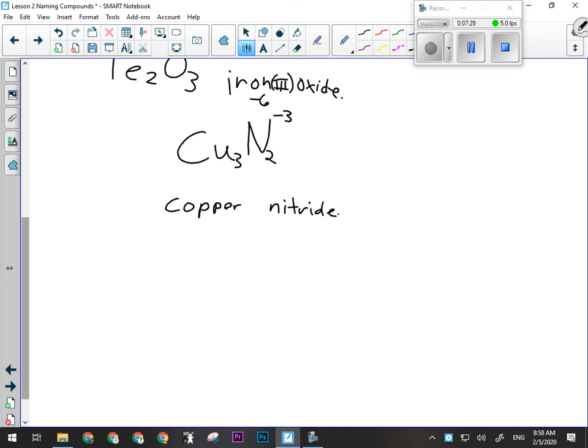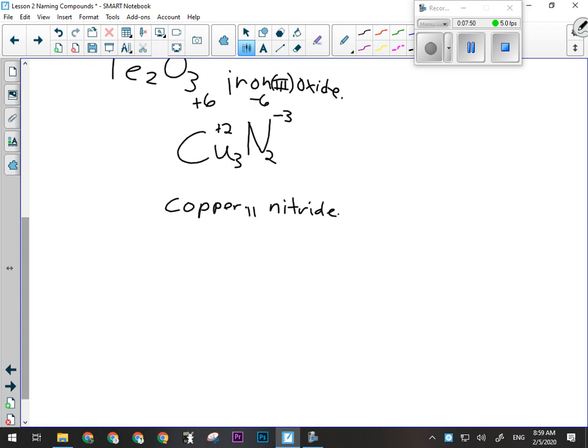My compound has to equal 0. That means I have to get 6 positive charges out of the 3 copper atoms that I have. Positive 6 divided by 3 is 2. All right, so this is the copper with the 2 plus charge.